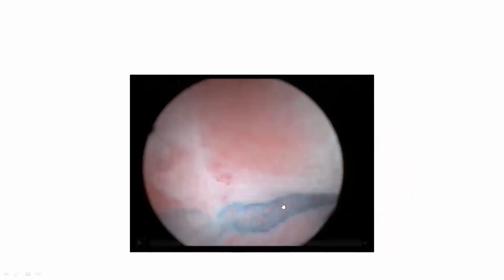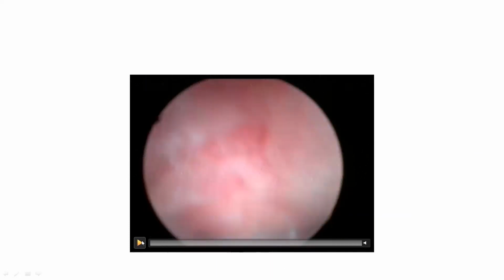Another picture of this case. When you go by hysteroscopy after laparoscopy, you may find some bleeding in the cervical canal due to the cannula and dilatation of the cervix in some cases.